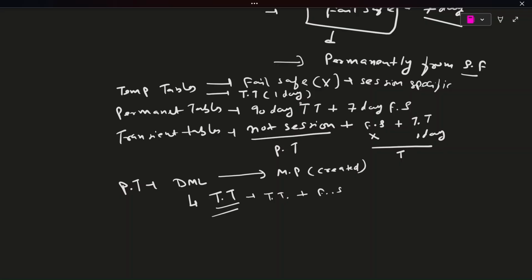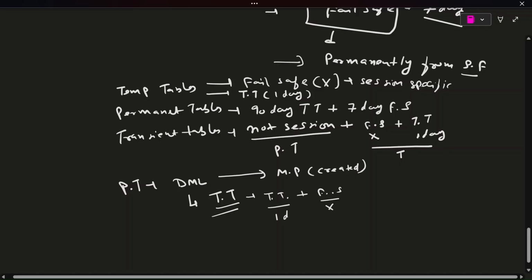So best is to go to transient table in this case, because your fail safe is not there and time travel is also maximum 1 day, 0 to 1 days. Got it?